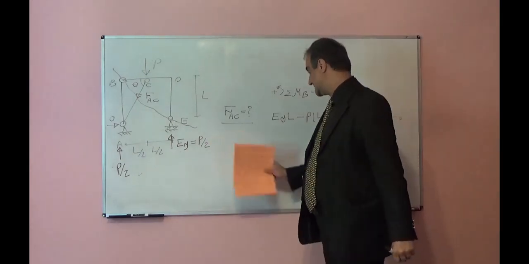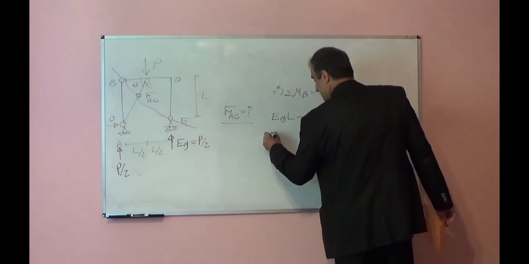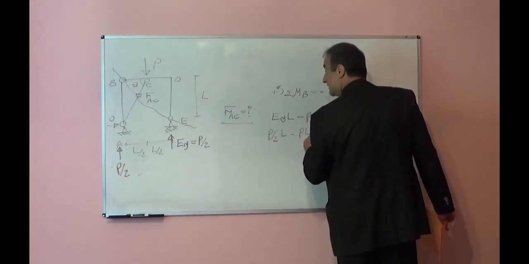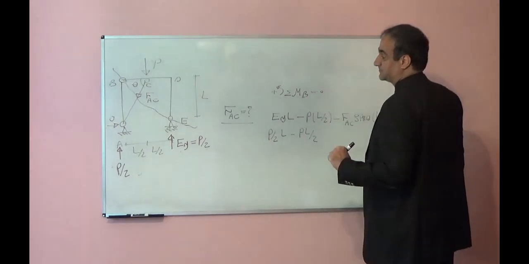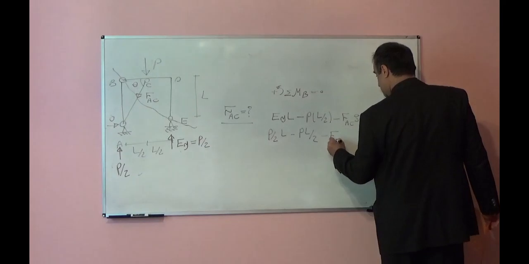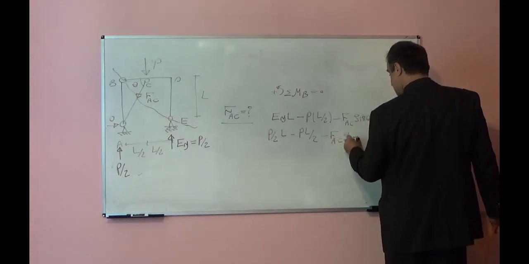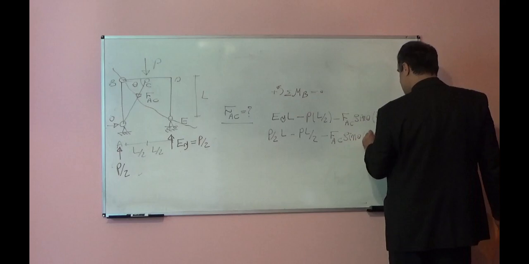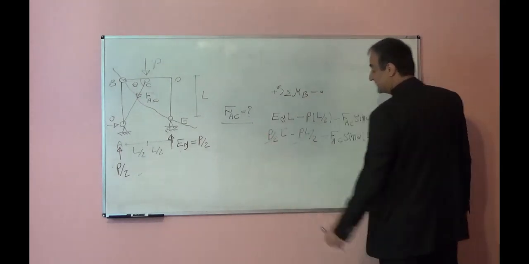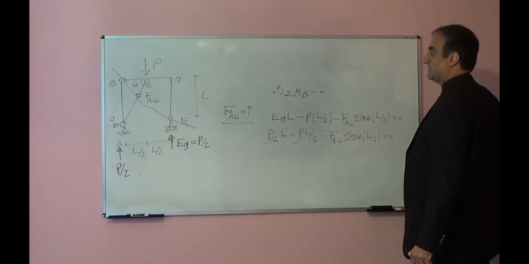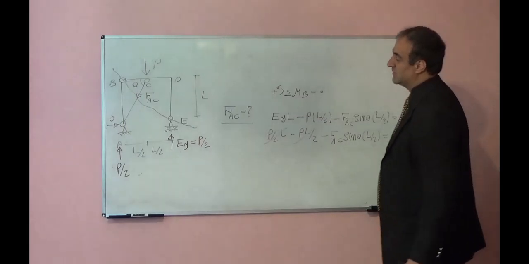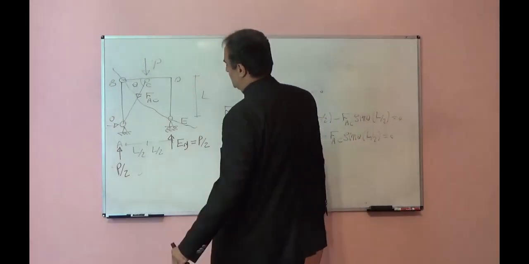We know EY is P over 2, so it will be P over 2 times L minus PL over 2 minus FAC sine theta times L over 2 is equal to 0. From here these terms will cancel each other, so FAC will be equal to 0. This is one way to solve it.